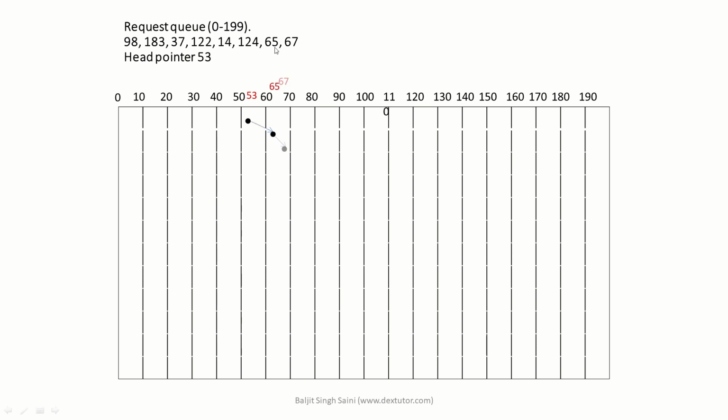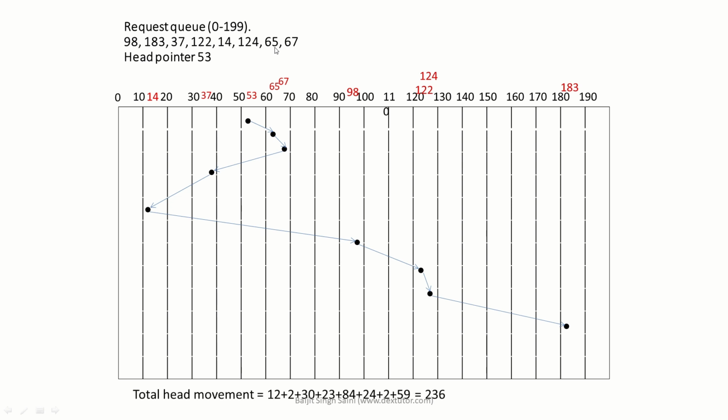After 65, it is 67, then 37, then 14, then 98, then 122, 124 and 183. We calculate the differences, and the sum of those differences is 236.